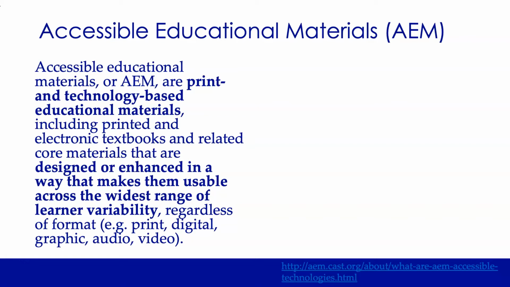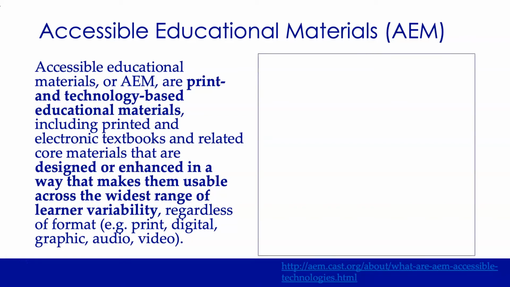If we're talking about online materials, are those materials presented in such a way that an individual could adjust the contrast, the size of the font, or have it spoken out loud? All of these things come into play when we are talking about accessible education materials, or AEM. Those materials are designed in a way that allows them to be usable by the widest range of learners.